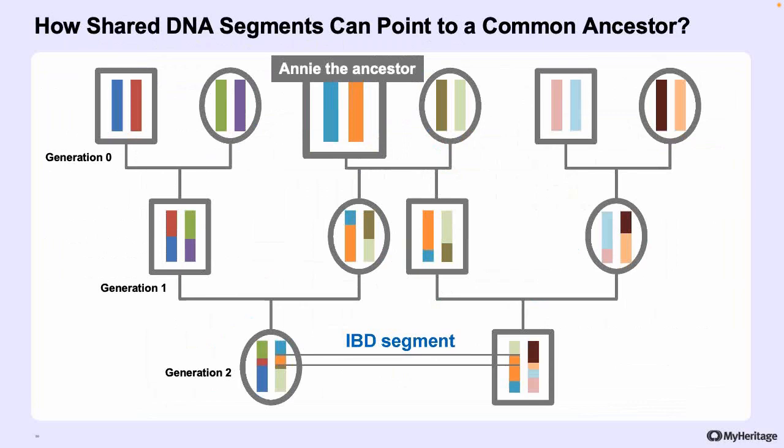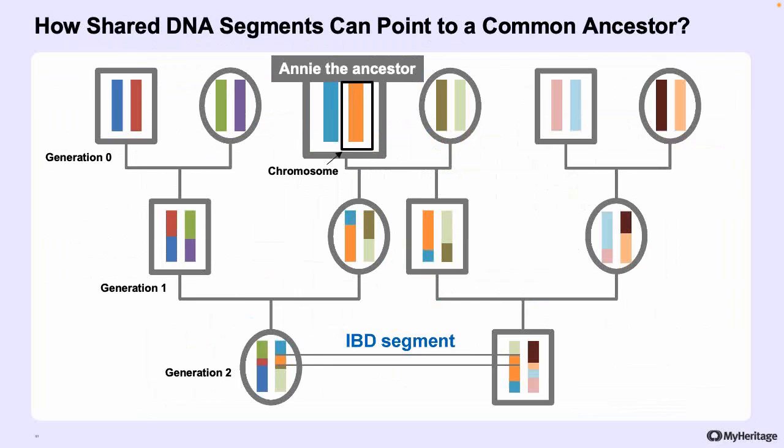These two represent Annie, and you see Annie is represented by two chromosomes. Let's look at one of her chromosomes, the orange one, and understand how the inheritance and the segments help us pinpoint the common ancestor, Annie.